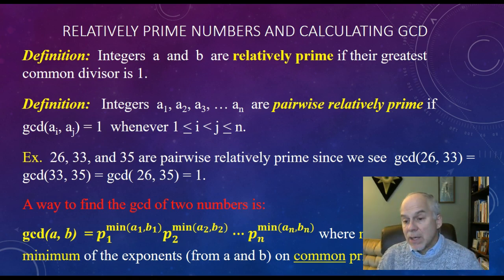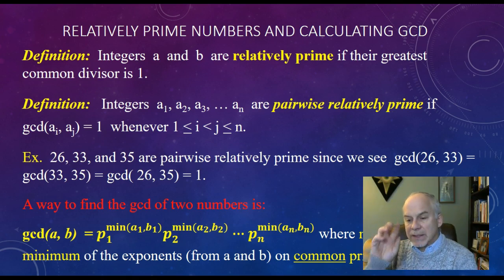So like I said, 22, 7, and 9 would be a set of pairwise relatively prime numbers. If you take any two of them, let's say we take 22 and 7, there are no common factors except for 1, so they're relatively prime.